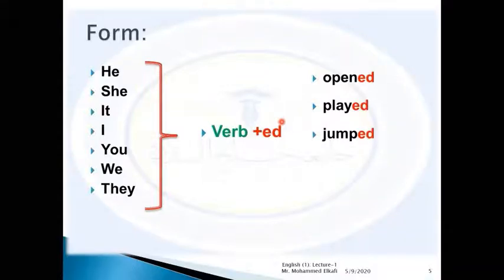These are regular verbs. We also have other types of verbs which are known as irregular, as did and went. Did is the past form of do, and went is the past form of go.